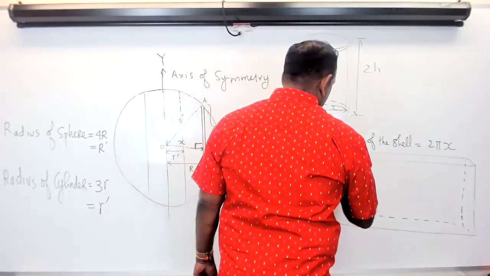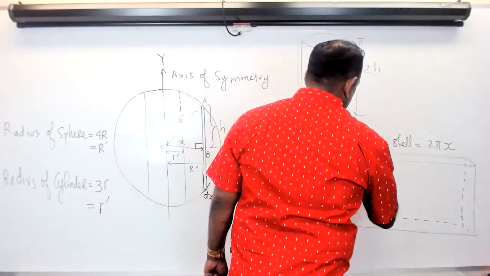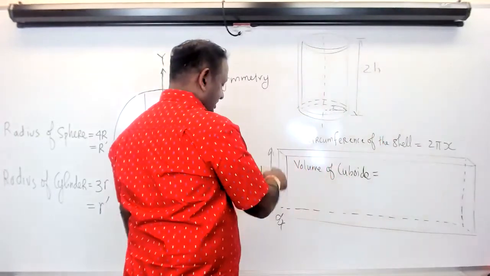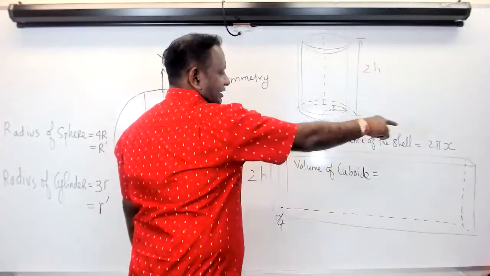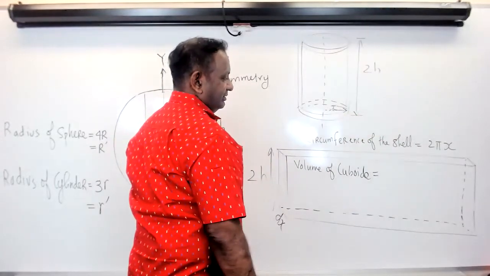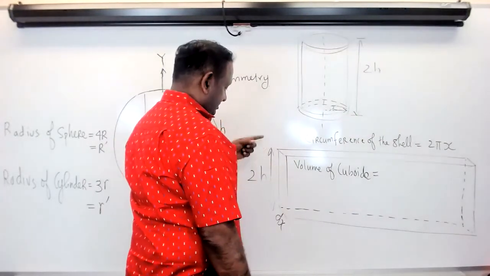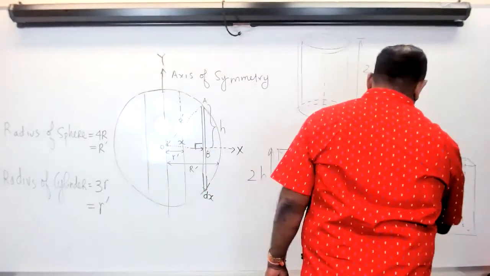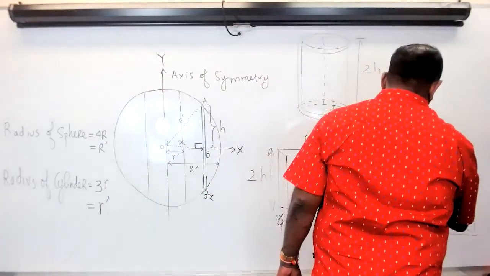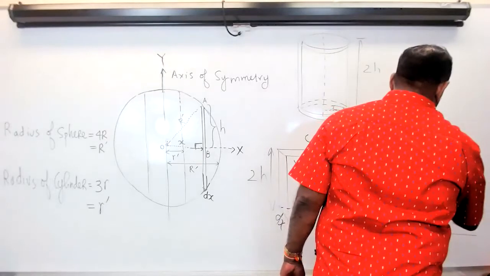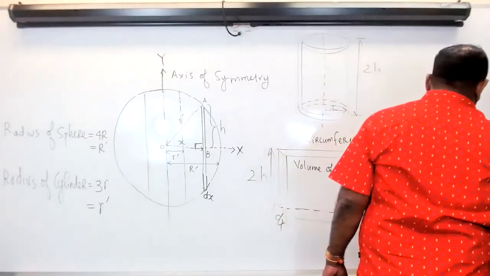How do you find the volume of the cuboid? Volume of the cuboid is height times width times length.